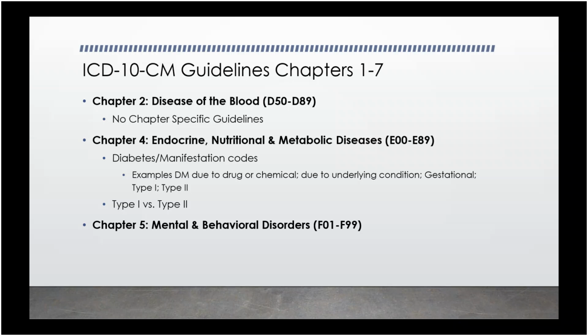So did they simply use drugs? Did they abuse drugs and use drugs? If use and abuse are both listed, you're going to code to abuse. If use, abuse, and dependence are all documented within the chart, you're only going to code to dependence. So you code to the highest and you only code 1.